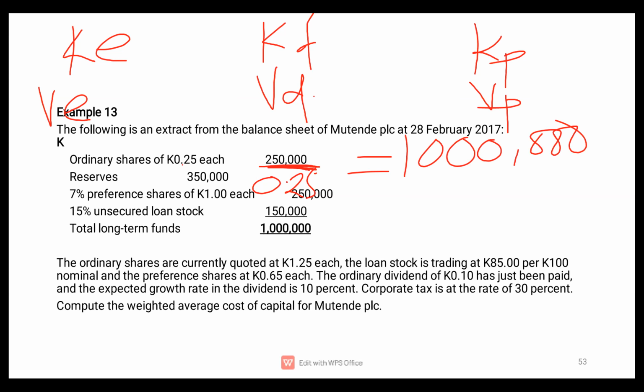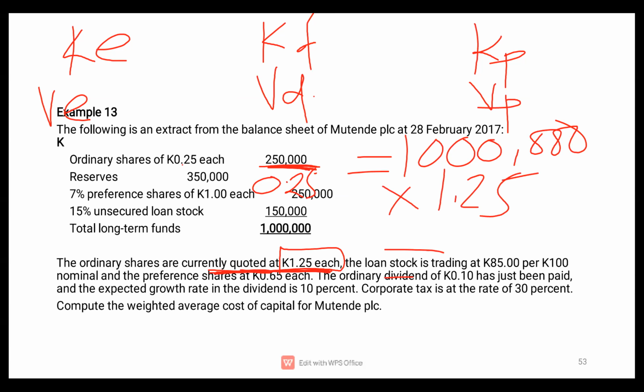Now, the question is, how do we find the value? Because we are given that these same shares are quoted at 1 kwacha 25 ngwe. That's the quoted price, not the market price. So you multiply 1 million times 1 kwacha 25.